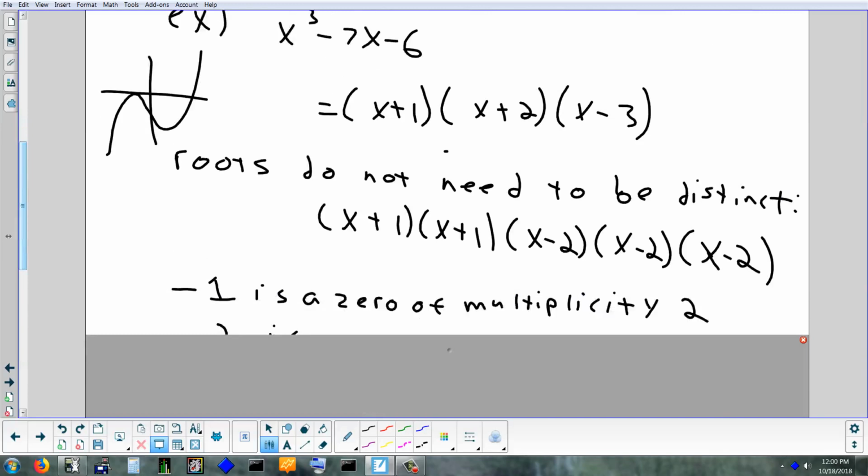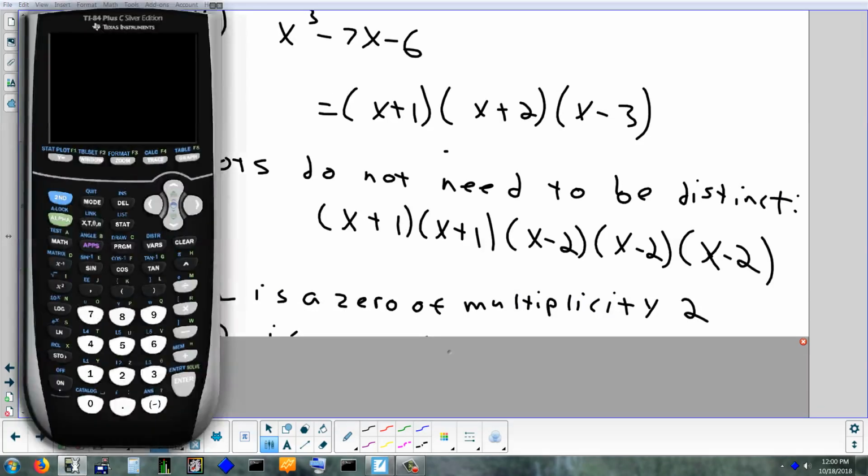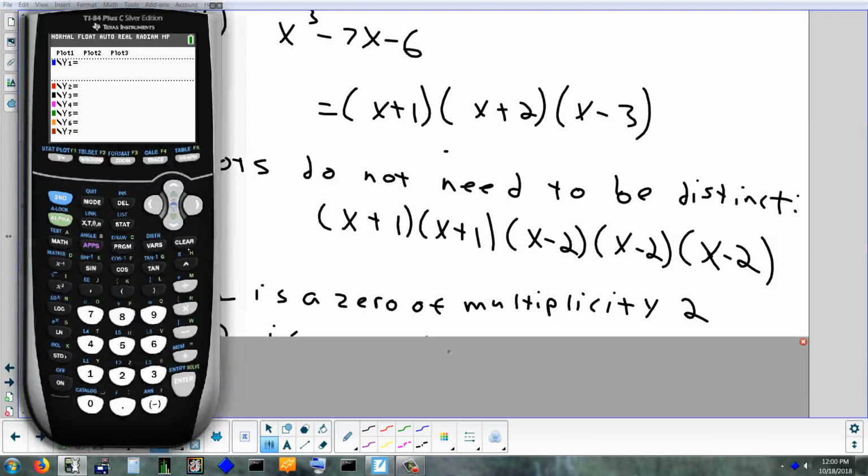What would make it a triple root? What would it look like if you drew it? I can just type it in real quick and show you. So you got x plus 1, x plus 1, x minus 2, x minus 2, and x minus 2. I'm pretty sure with the double root, it's going to touch it and bounce away. I think the triple root's just going to go right through. So I'm thinking at -1, it'll bounce away from it, and at 2, it'll go right through.